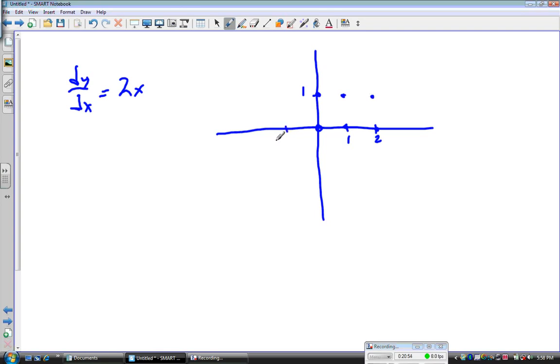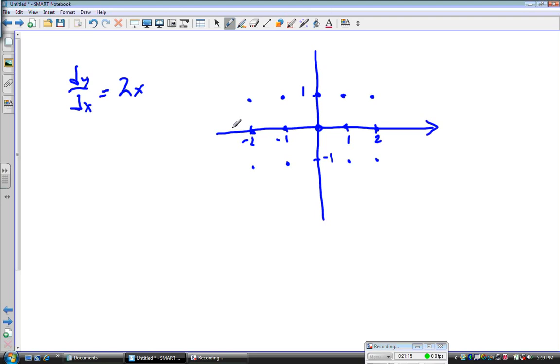How about at (-1, 0), (-1, 1), (-2, 0), (-2, 1). How about (-2, -1), (-1, -1), (0, -1), (1, -1), and (2, -1). All right, let's say we use this lattice just to sample.